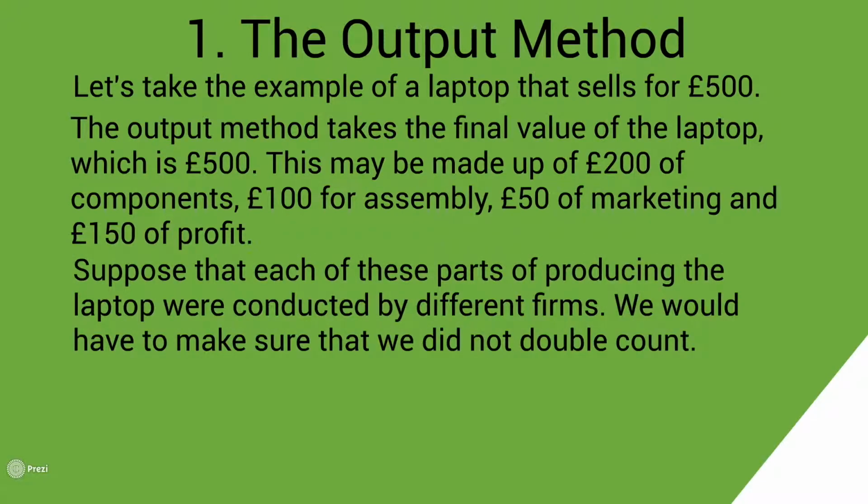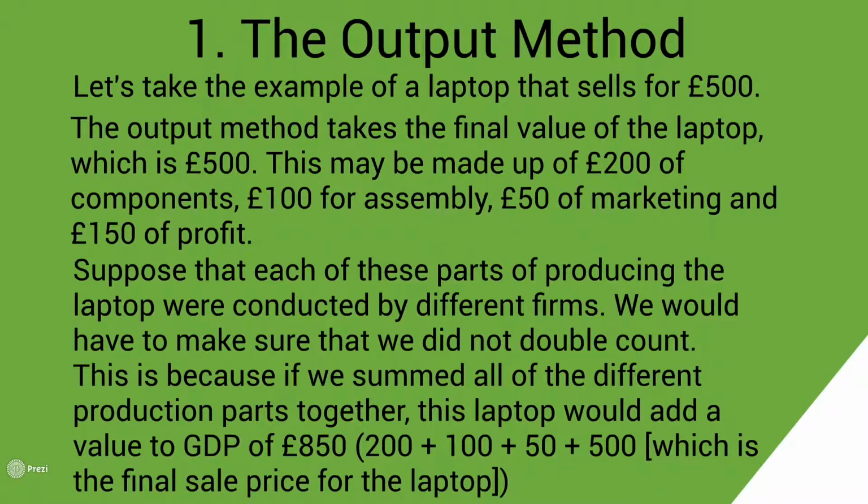Suppose that each of these parts of producing the laptop were conducted by different firms. If this was the case, we would have to make sure that we did not double count. This is because if we summed all of the different production parts together, this laptop would add a value to GDP of £850.